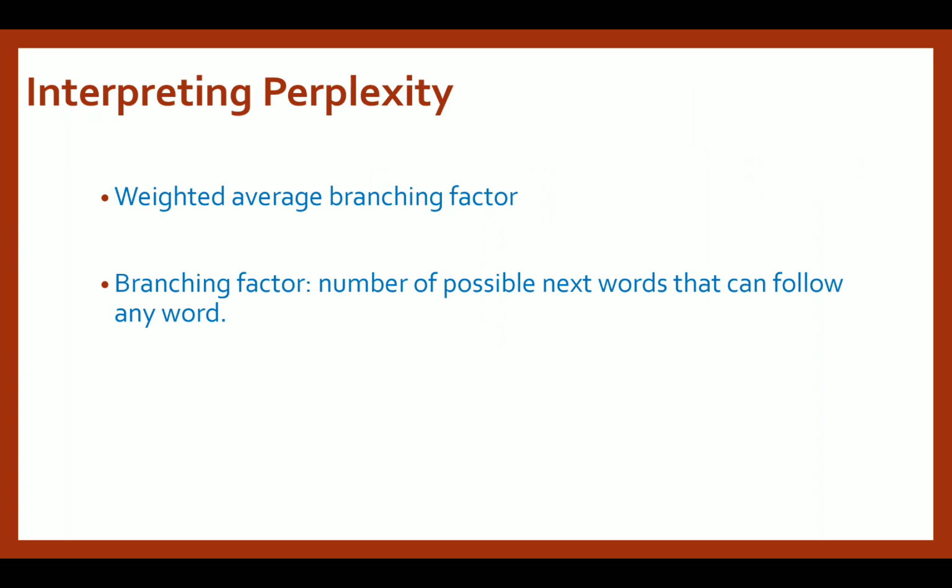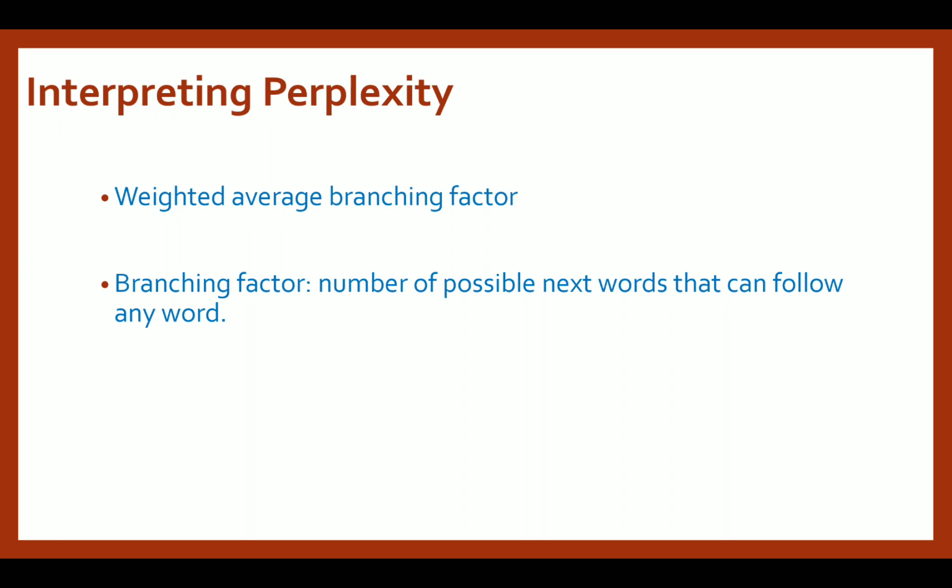Often we interpret perplexity as a weighted average branching factor, meaning the number of possible next words that can follow any word. For example, let's consider that your vocabulary size is 10,000. For any given word, you can assume there are approximately 10,000 possible words.